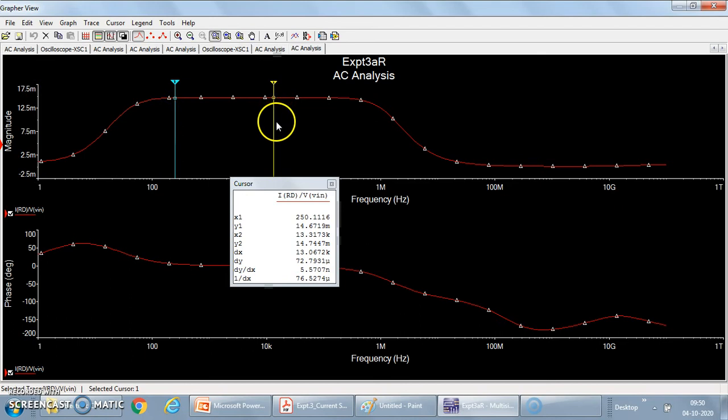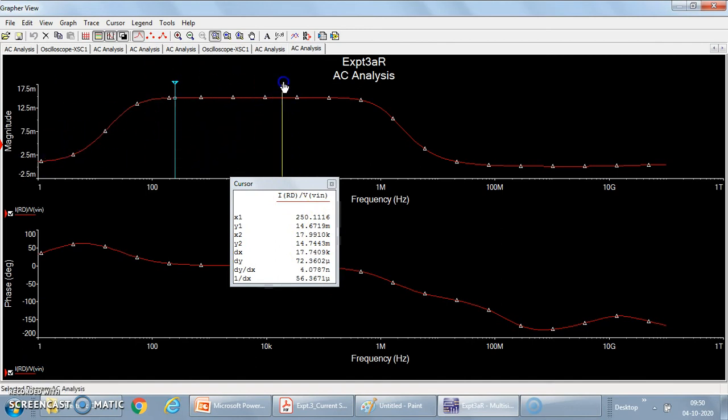We can set it to the desired value. See here, the 180 degree phase shift is not obtained, because this magnitude plot and phase plot is not between input and output voltage, rather it is between output current and input voltage. So the 180 degree phase shift will not be obtained. Here our objective is to find the bandwidth.